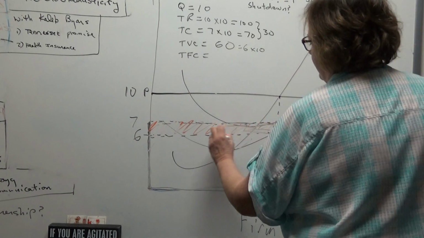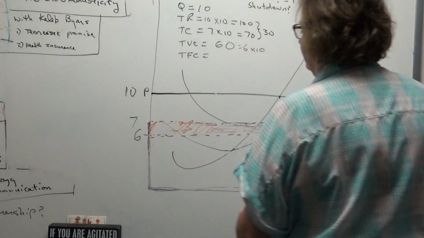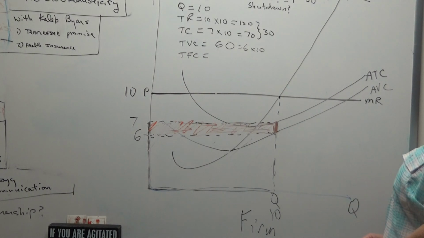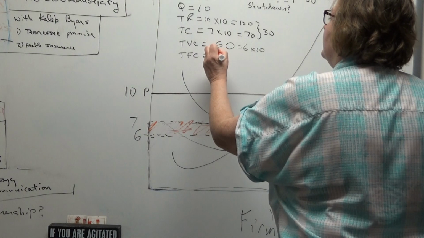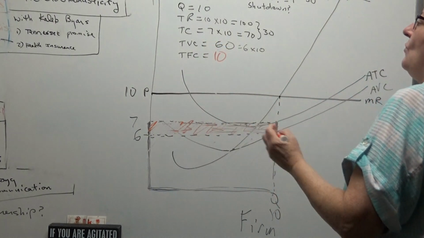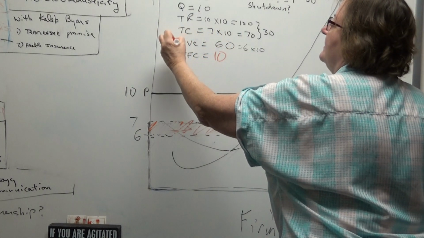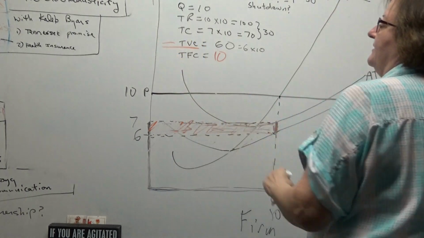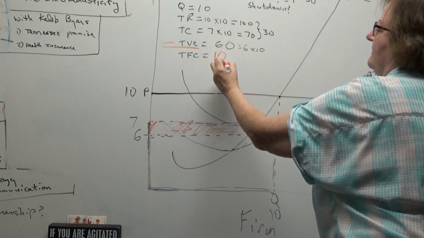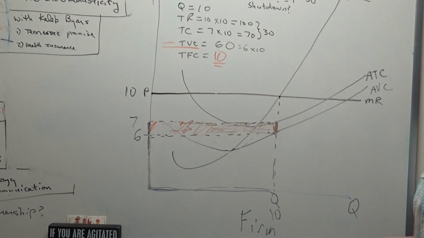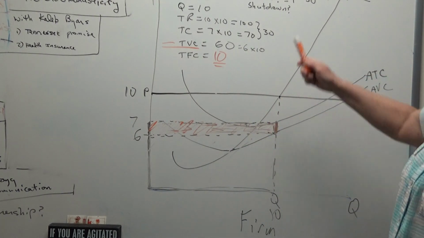That's the total fixed cost. So 1 times 10, or 10. Or we could take total cost minus total variable cost to get total fixed cost. So we could take 70 minus 60, and we'd get 10. Okay? So we're making a profit of 30.